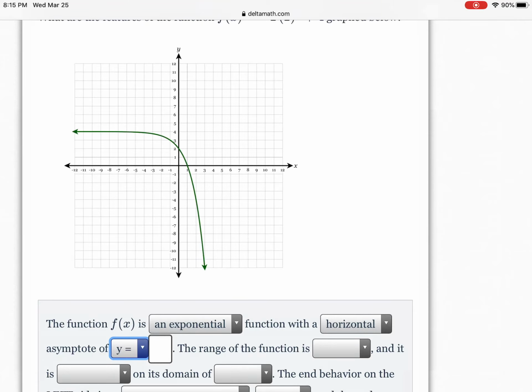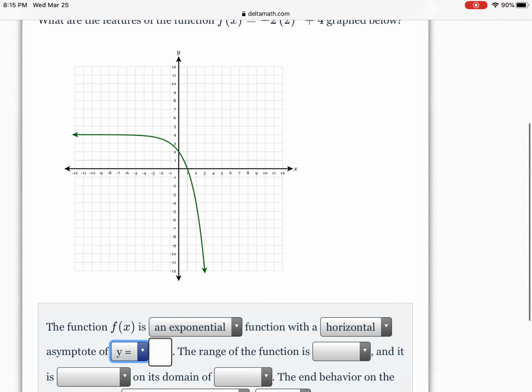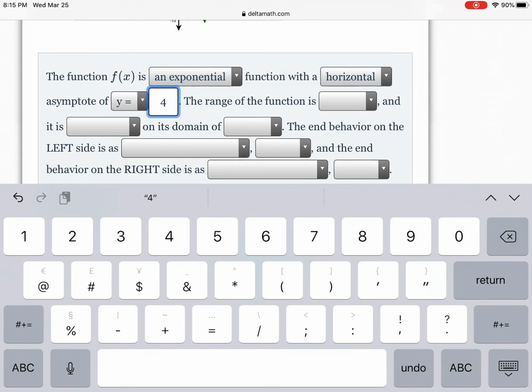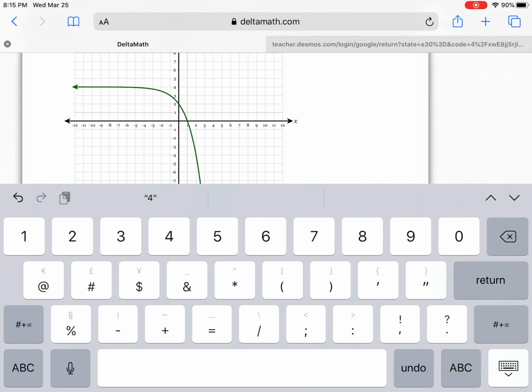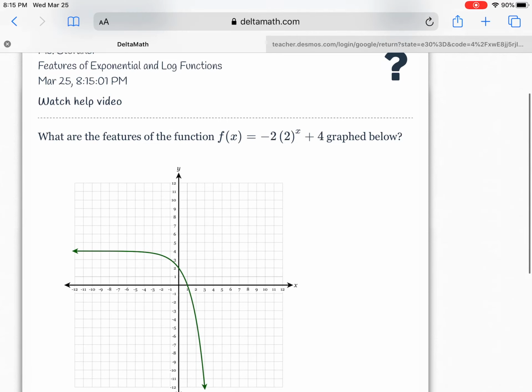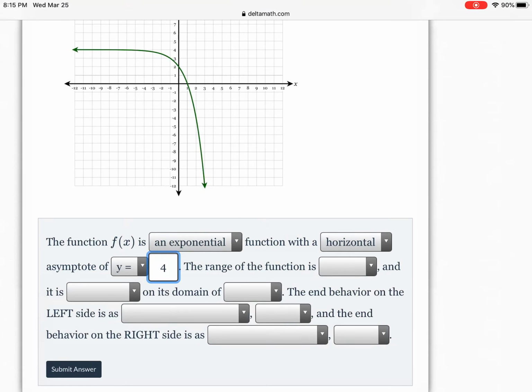And you can tell it's not 0 because it crosses the 0. And so really the horizontal asymptote is actually up, and it's up 4. Okay, you can tell that on the graph, but you can also tell that up here in the equation where it says a +4 at the end. That's that vertical shift upwards, so it shifts your asymptote.